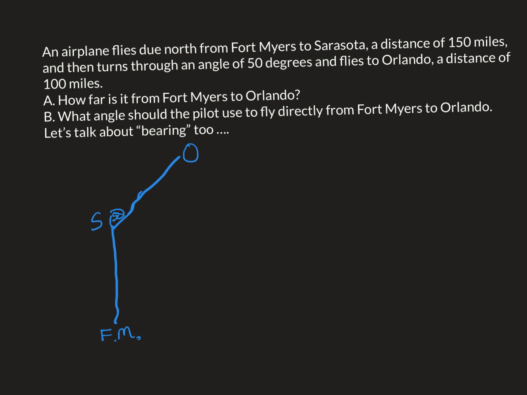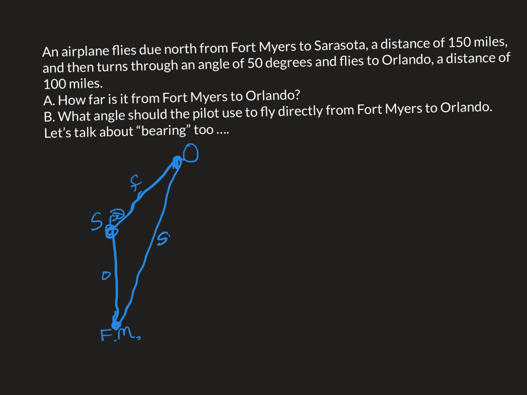And then to finish the triangle, I could connect those like this, okay? So we've labeled S, O, and FM. So this will be side FM, this will be side O, and this will be side S. Okay? And then the only angle we have is this 50 degrees here.